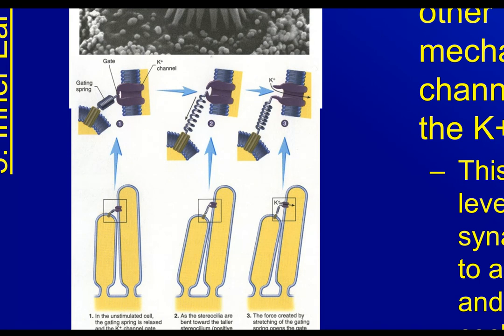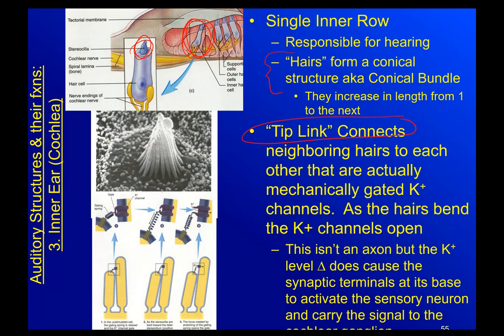Ions move into the cell, you get an action potential. So that top link connecting to the neighboring hair cells is how we open these mechanically gated potassium channels. You bend the hairs, the channels open, potassium rushes into the cell, you get an action potential.